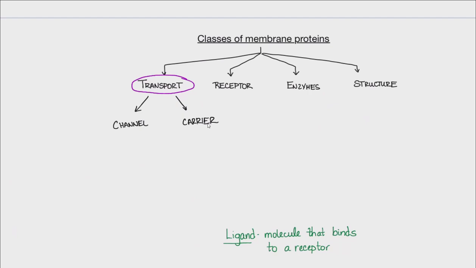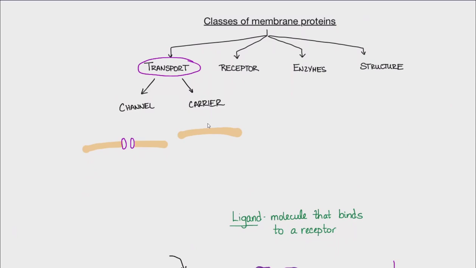Channel proteins will always be drawn like this. So that's my typical channel protein when I draw it quickly. Carrier proteins are going to be drawn maybe more like this. So channel proteins allow for diffusion of some substance.